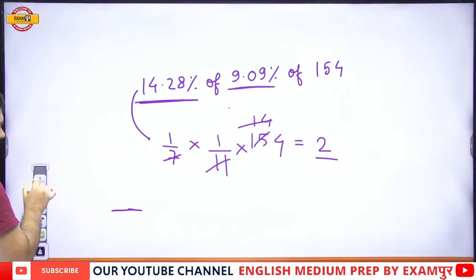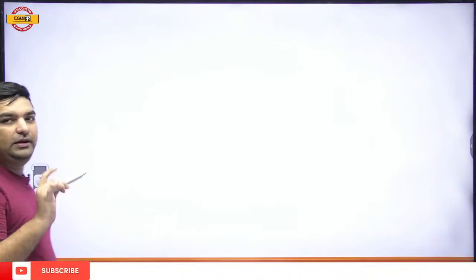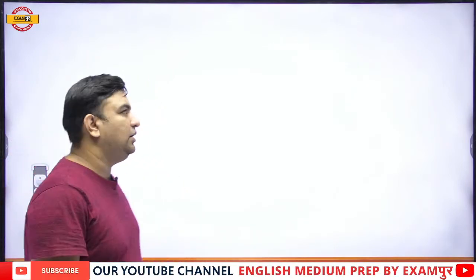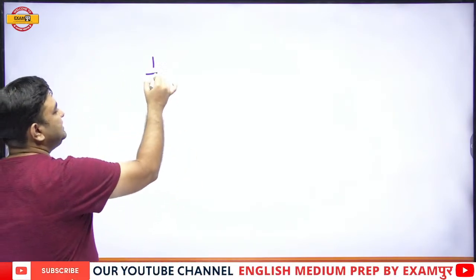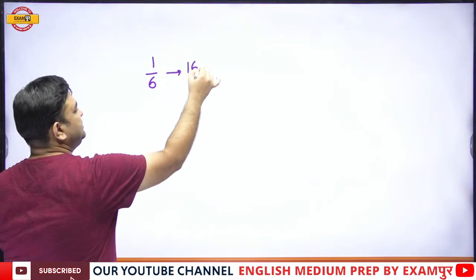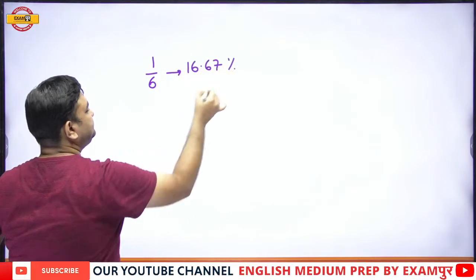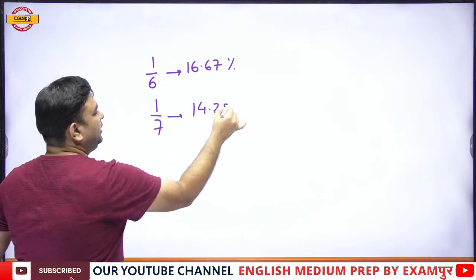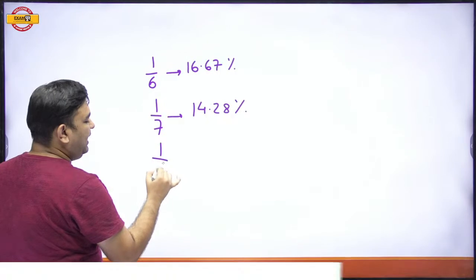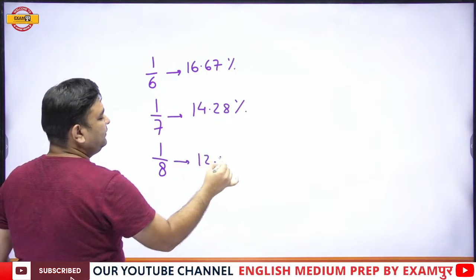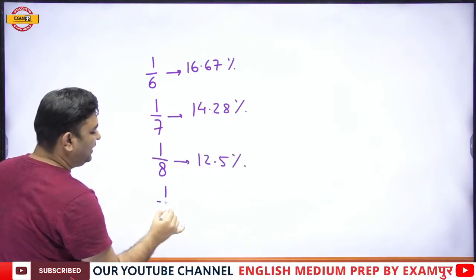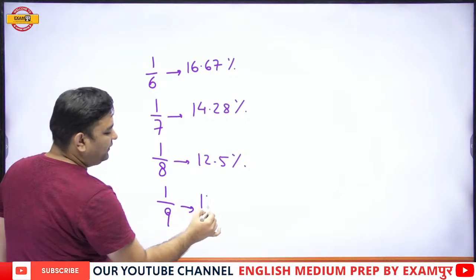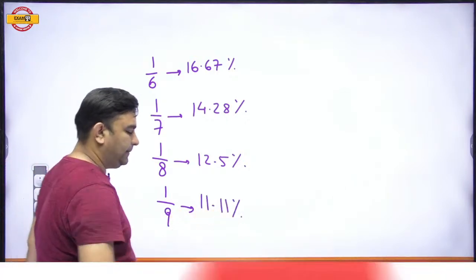What were those values which we have to revise at any cost? 1 by 6, 16.67%. 1 by 7, 14.28%. 1 by 8, 12.5%. 1 by 9, 11.11%.